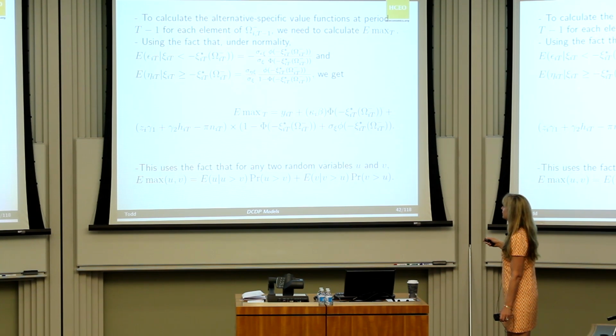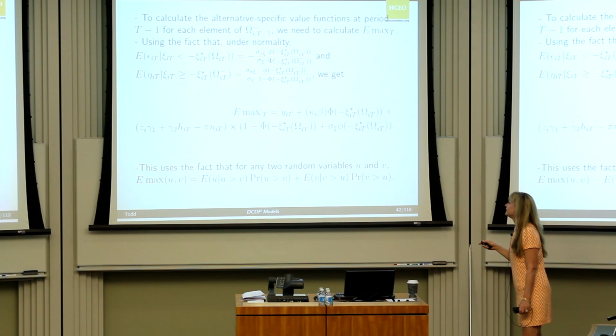This requires a little bit of algebra to show that it has this form, so it's not going to be easy to see immediately why. But this is just to solve for the Emax T.